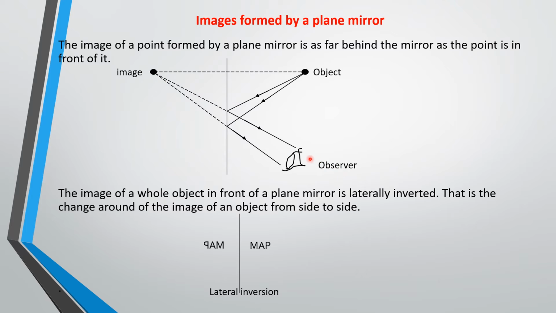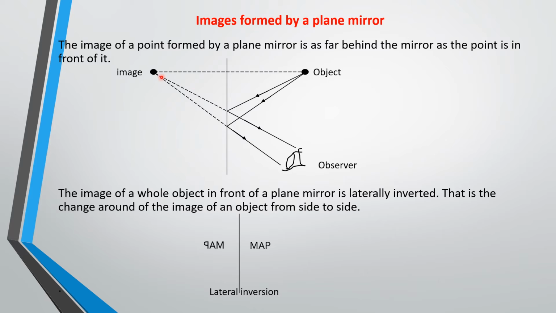Assuming this is the eye of an observer, and this is the object that the observer wants to view, he will see the image at this end.